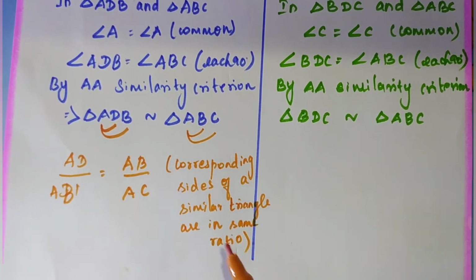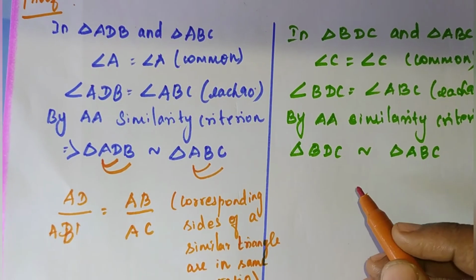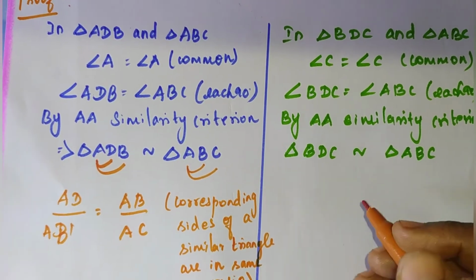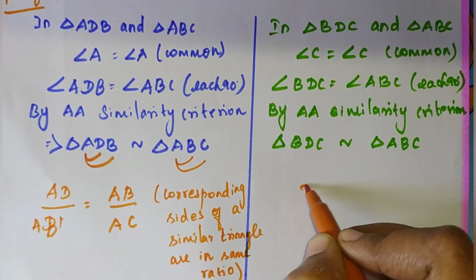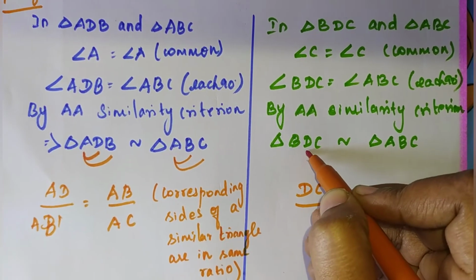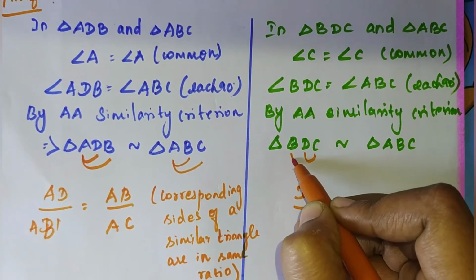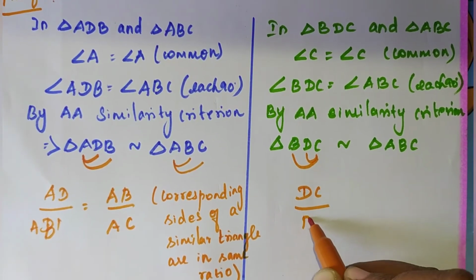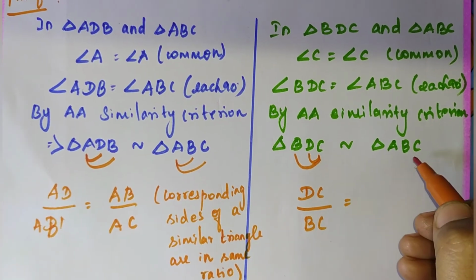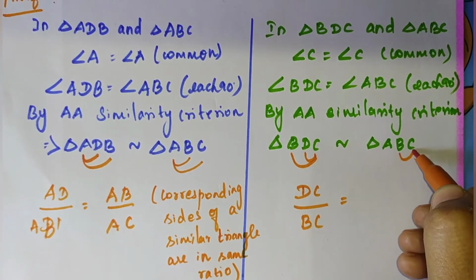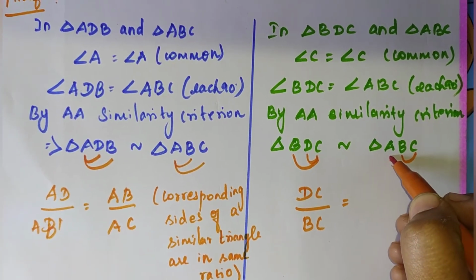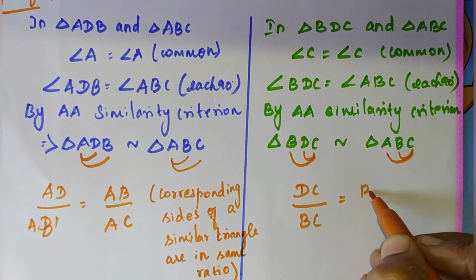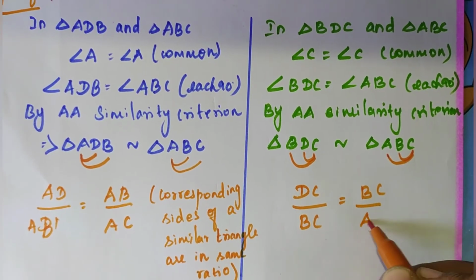Likewise we can write for this also: DC divided by BC, and BC divided by AC.